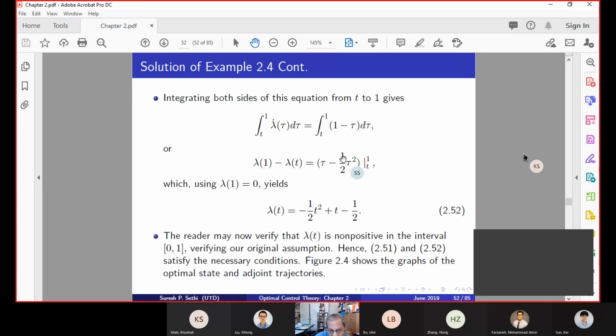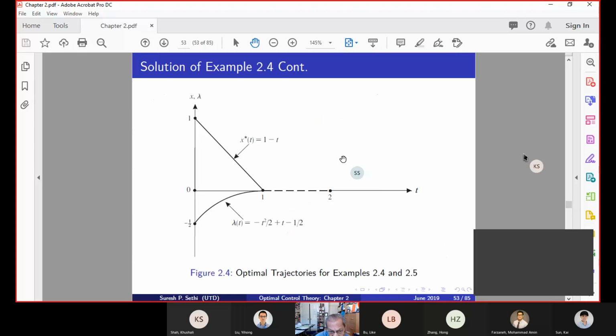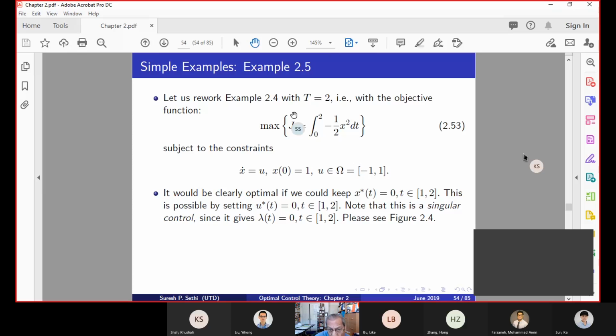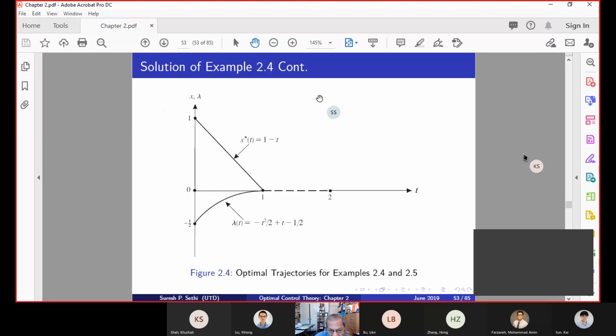Now I take the problem and change the integral to 2. And now you can see what happens. It's good for me to keep lambda at 0 and the control at 0, because if I go this way, I will increase the area because it's the absolute value. If I go this way, I'll also increase the area because the absolute value of the area is still positive.